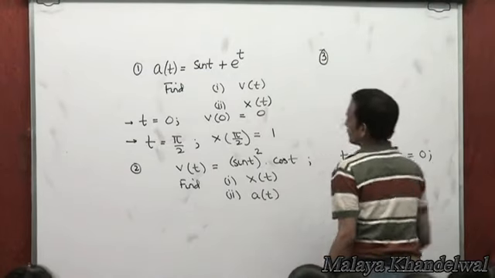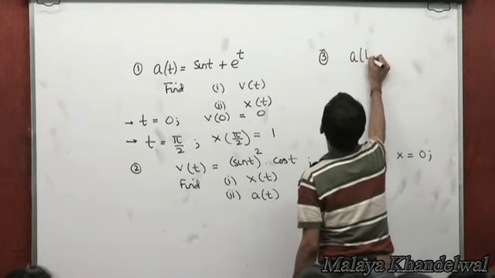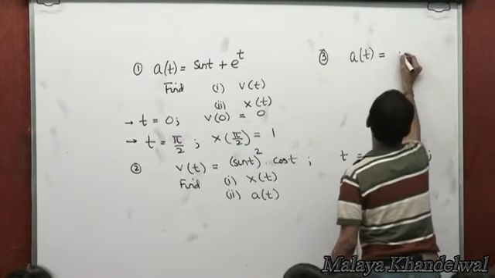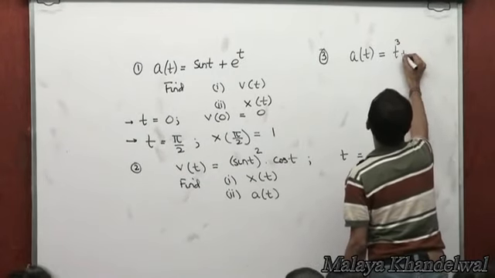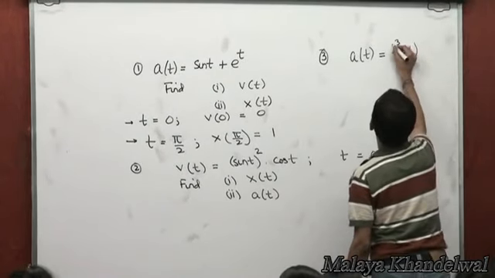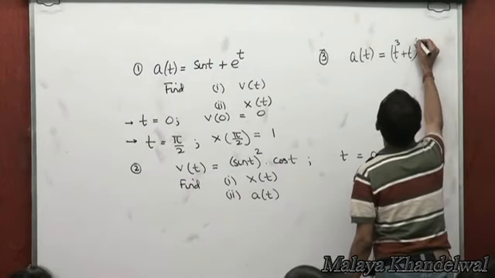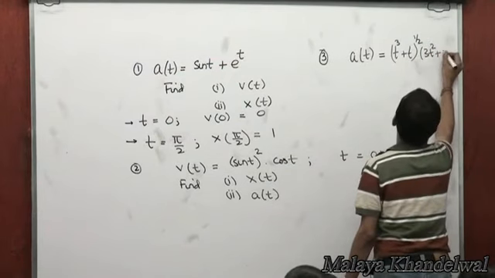Three. Acceleration of the particle at t is given by t cube plus t to the power half into 3t squared plus 1.